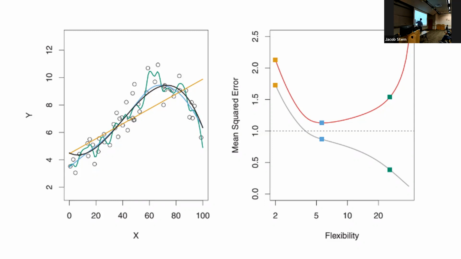And so you can see that as we increase the dimensionality of the fitted curve, we can make our training error go almost to zero. But as a consequence, our test error increases.